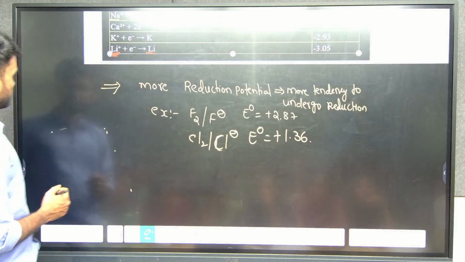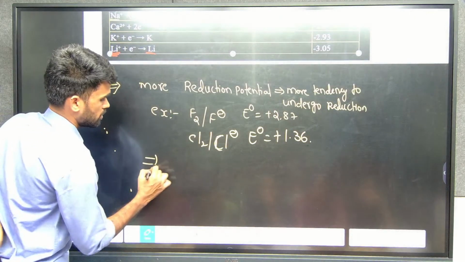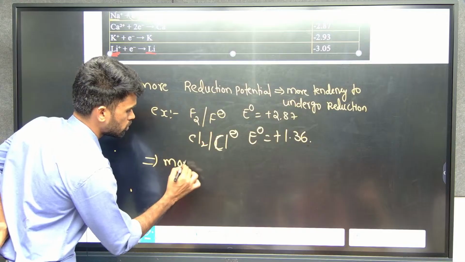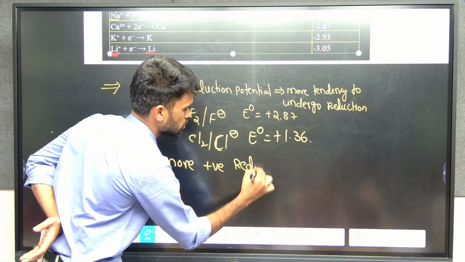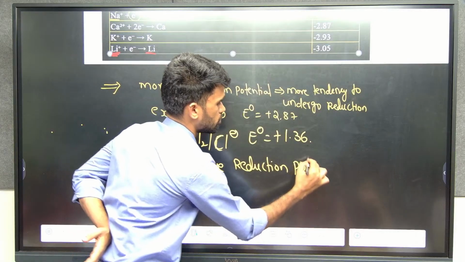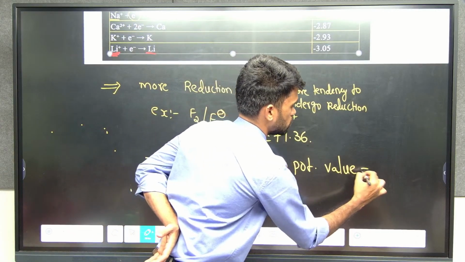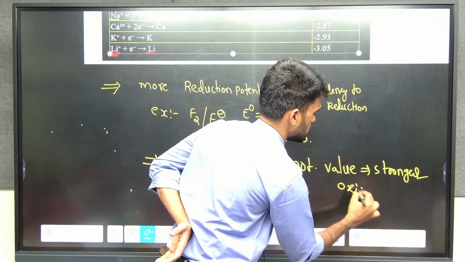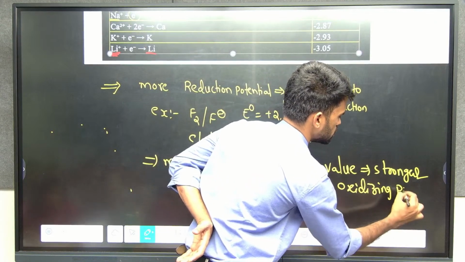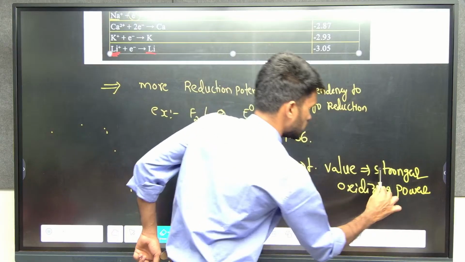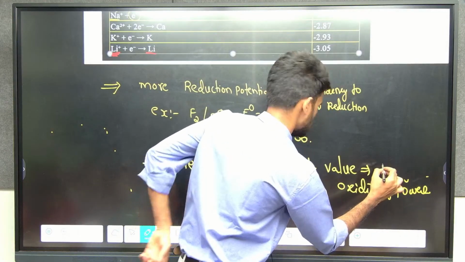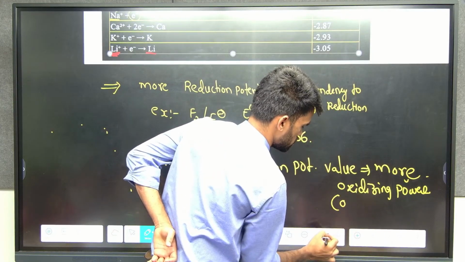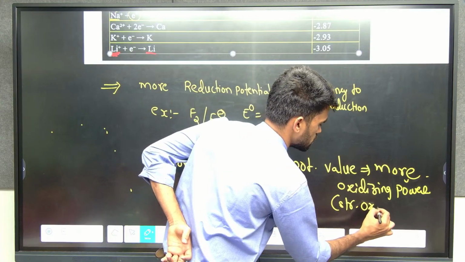Okay. The more positive the reduction potential value, the stronger the oxidizing power. More oxidizing power, strong oxidizing agent.